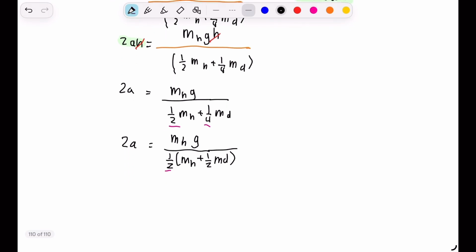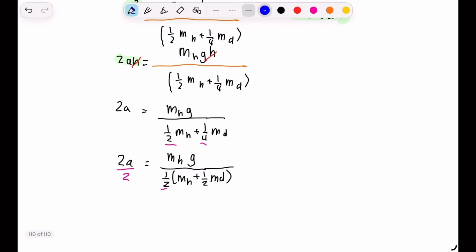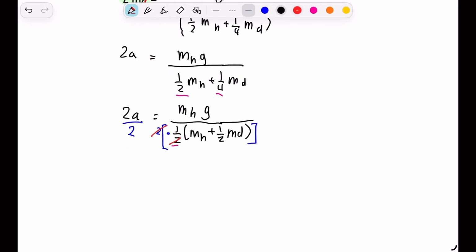After this, we'll just simplify, which means we can divide both sides by 2. If we divide both sides by 2, we're just multiplying this denominator by 2. If we do that, that cancels that 2 out, and that cancels that 2 out. So acceleration is just mass that is hanging times g divided by mass hanging plus 1/2 mass of the disk.